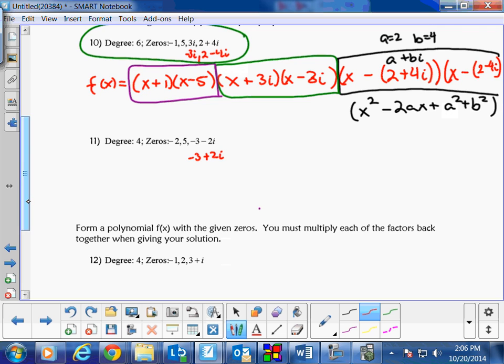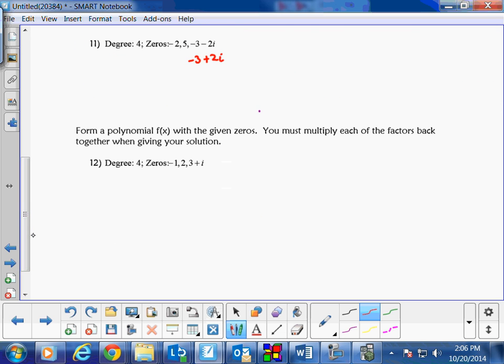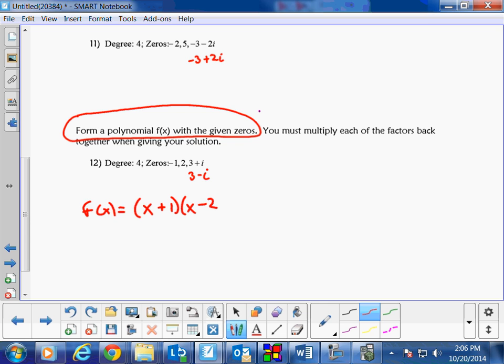This whole thing that I did over here is probably more related to this one, because it wants you to form a polynomial given the zeros, which means that in this case you do need to find the remaining zeros, and then write it all out in factor form, which in this case was x plus 1, x minus 2, x plus or minus 3. Oh, no. This is going to be x minus, but that 3 actually has the imaginary numbers to it. So we're going to have this with it.